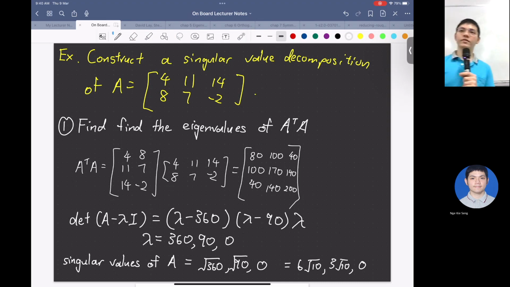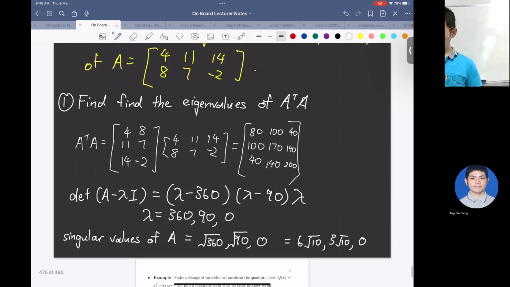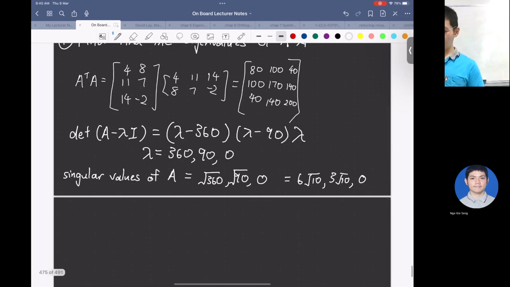0. Okay, so this is the singular values, but we also need V_i. Remember what V_i is? It is the eigenvector of A transpose A. So you need to put together everything you have learned before.